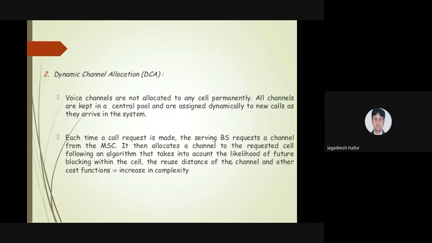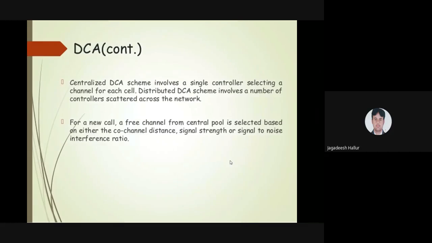That has to be taken care of by the MSC, the mobile switching center. This reduces co-channel interference, and it increases the signal strength and the signal to noise ratio, that is SNR.